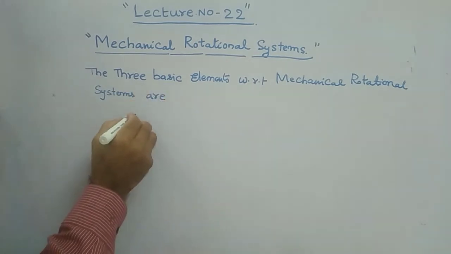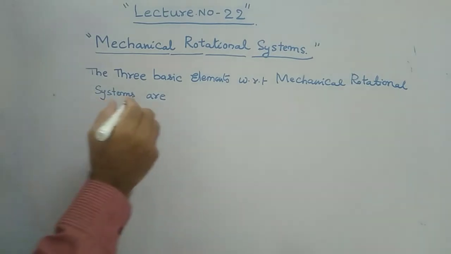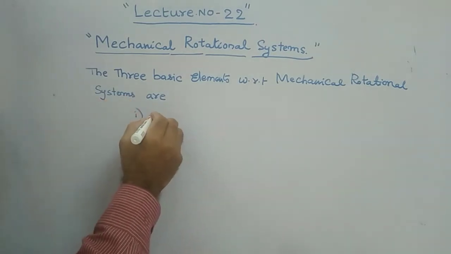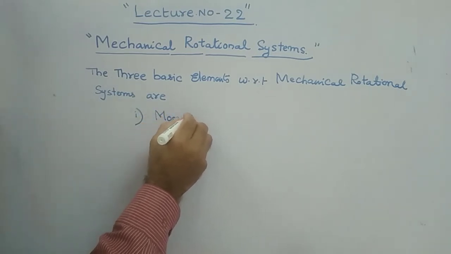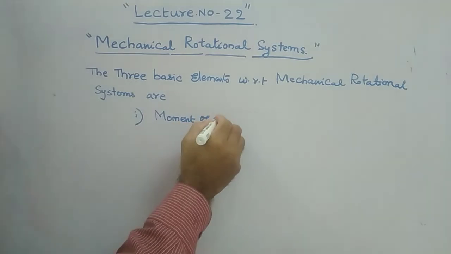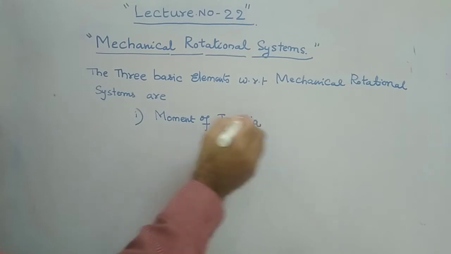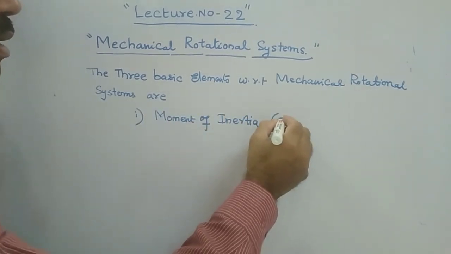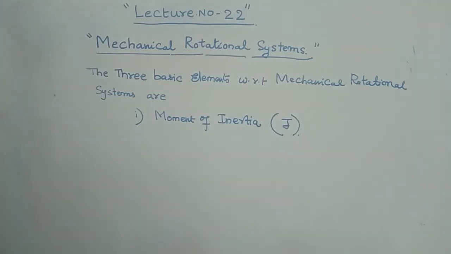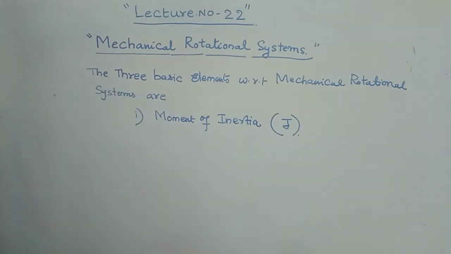The first one is the moment of inertia, denoted by the capital letter J, which is equivalent to the mass element m in our previous presentation.